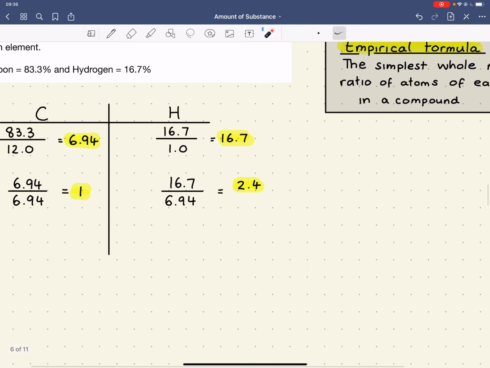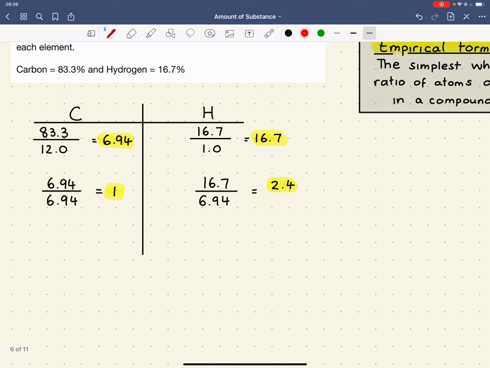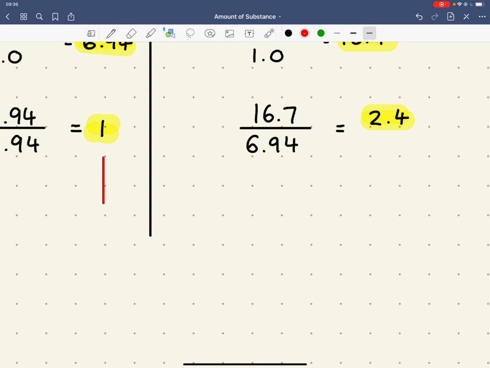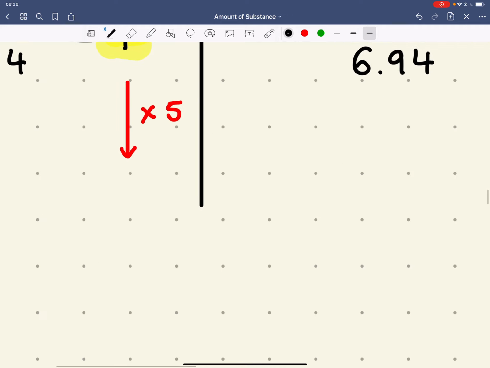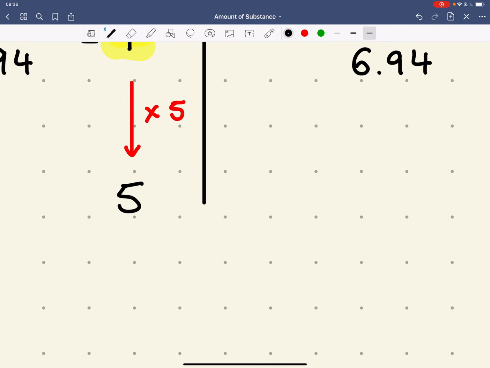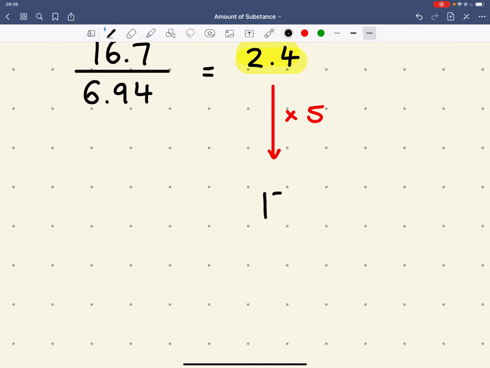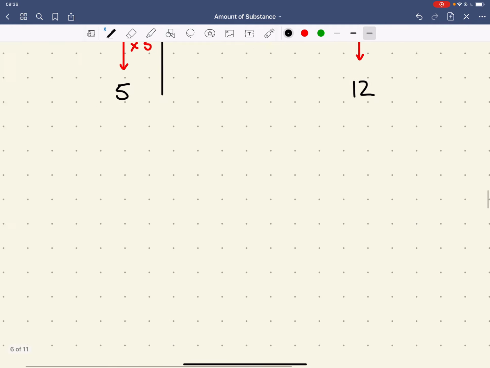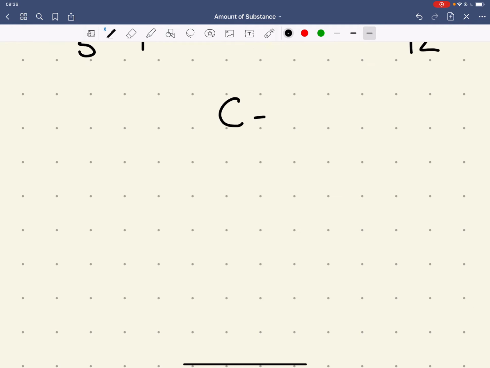Now, it's only when you actually multiply it by 5 do you actually get a whole number. So you need to multiply both these numbers by 5. Multiplying both these numbers by 5 would give you 5 carbons and 12 hydrogens. So your empirical formula would be C5H12, and that there would be your answer.